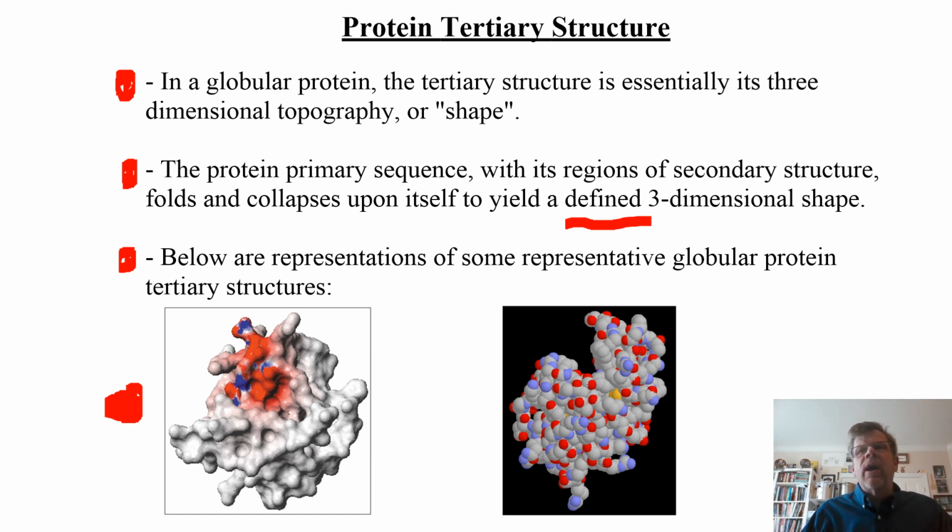And importantly, the proper functioning of these globular proteins depends on this specific shape. Therefore, if we looked at some of these protuberances on this structure, for instance, right here, or this shape right here, or these protuberances right here, if that were to differ at all in any of the copies of these proteins, we would have a situation where this particular protein would not be able to carry out its assigned function.